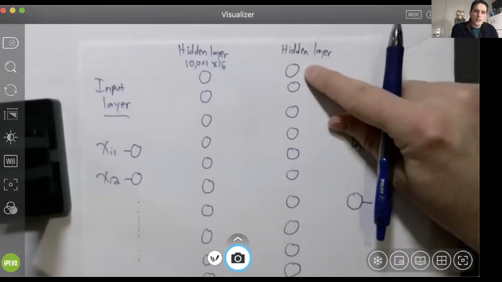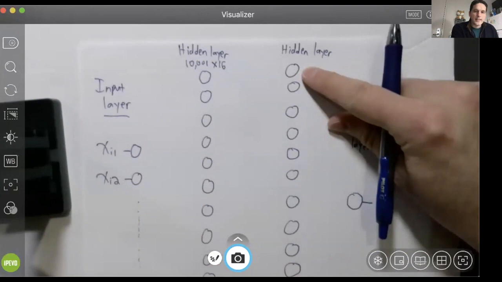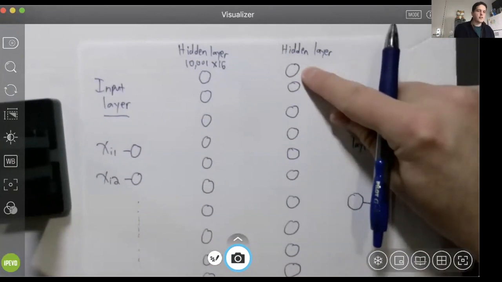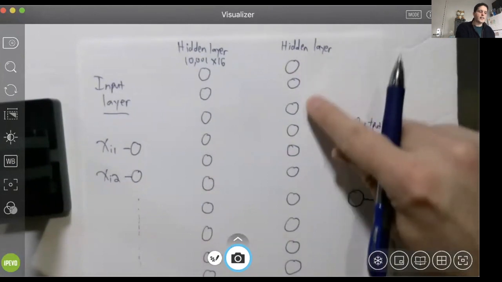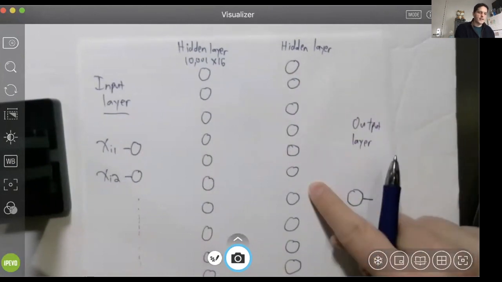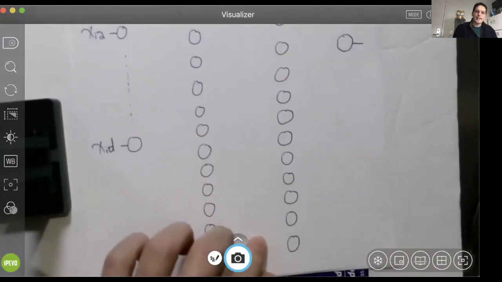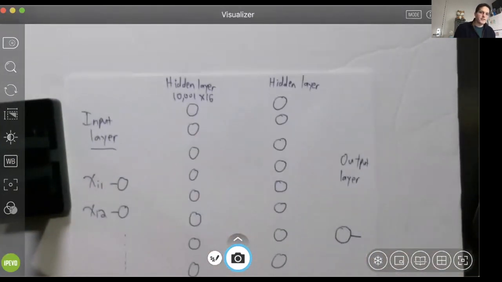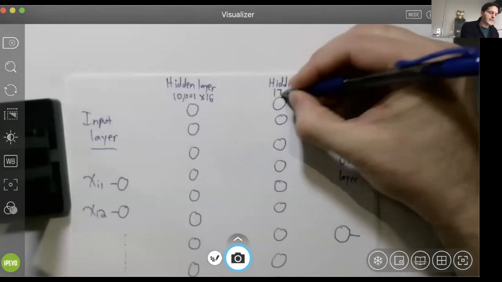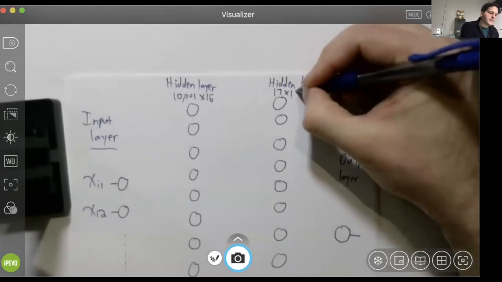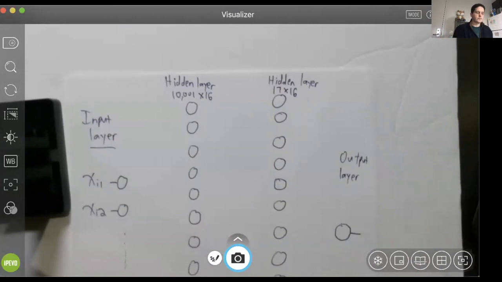This node also has its own bias term. That means there are 17 parameters that belong to this node alone. It's the same thing for each node in this hidden layer, and the number of nodes in this hidden layer is 16. So the number of parameters in this hidden layer is 17 times 16.